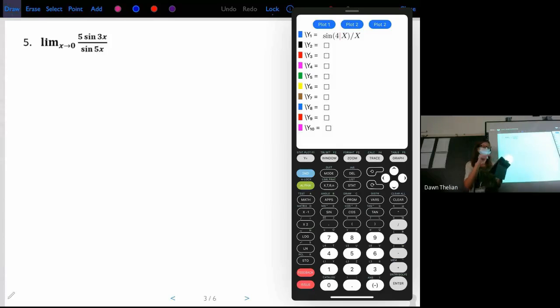And let's use the calculator to start. Let's plug in 5 sine of 3x divided by the sine of 5x.